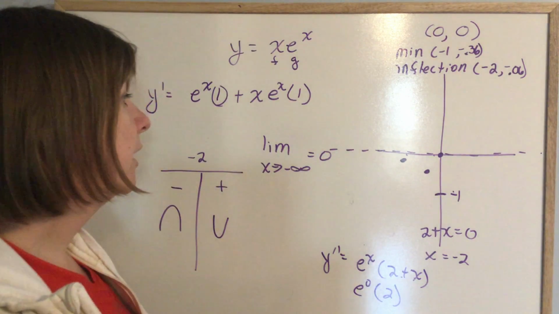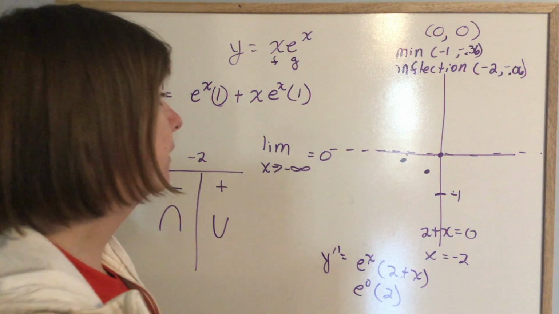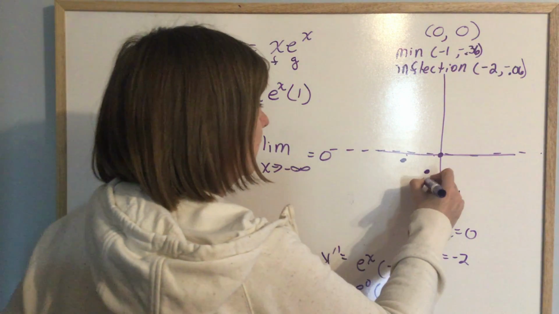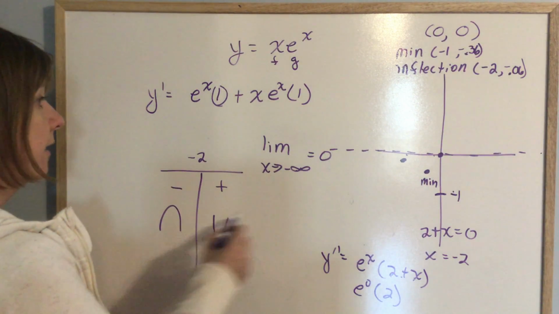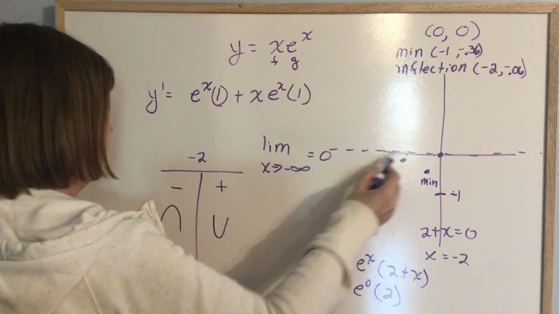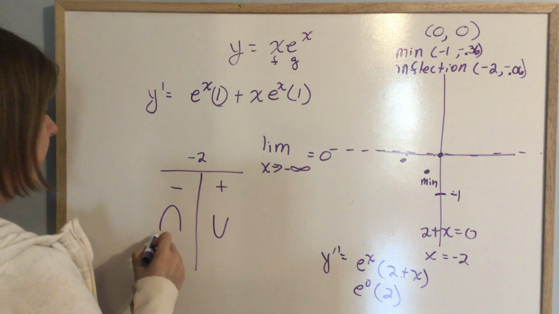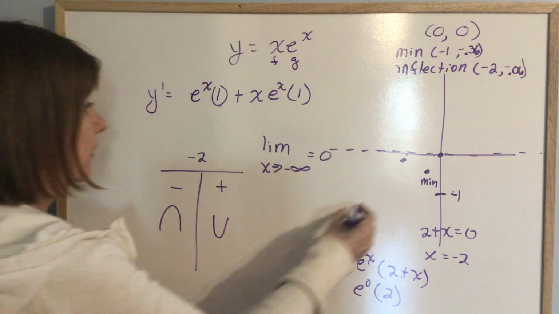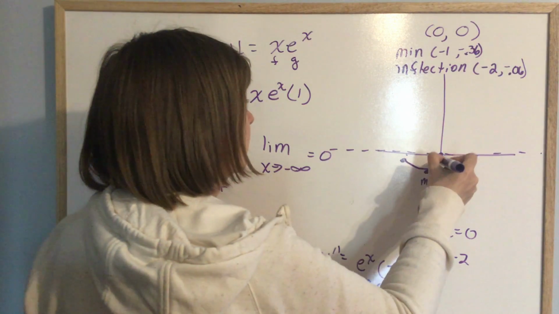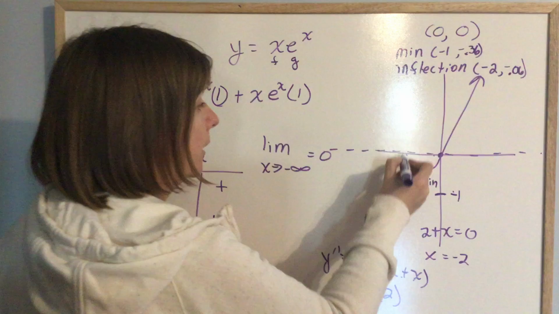So if I'm going to graph this, this is a minimum. And this is a point of inflection. Before this, it's concave down. After this, it's concave up. So here's my concave up, right?